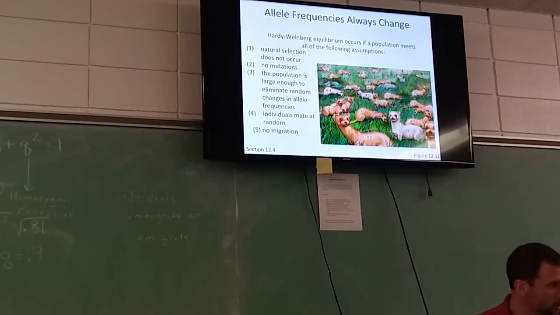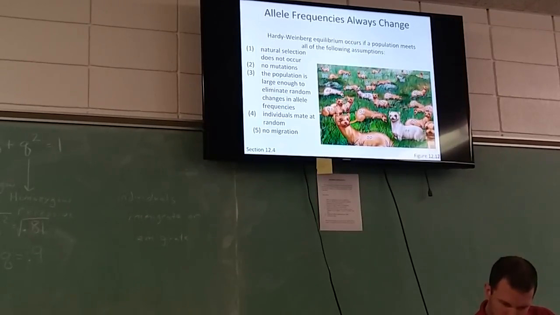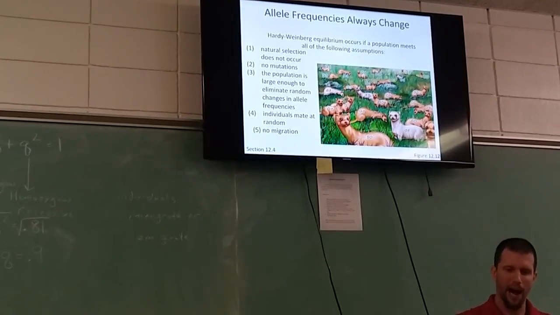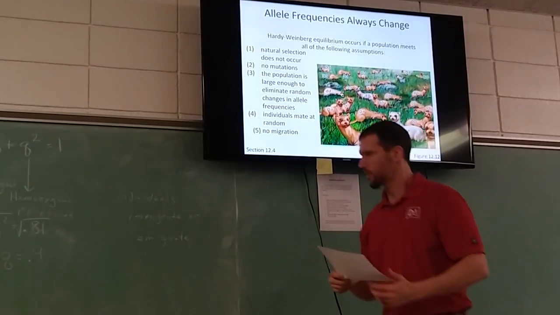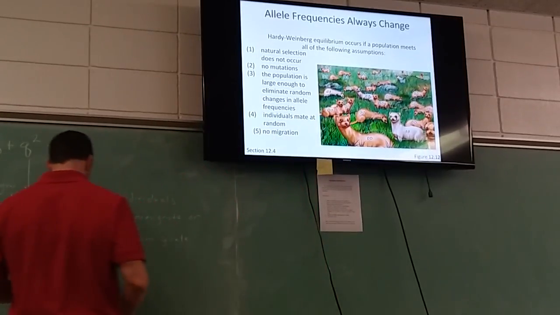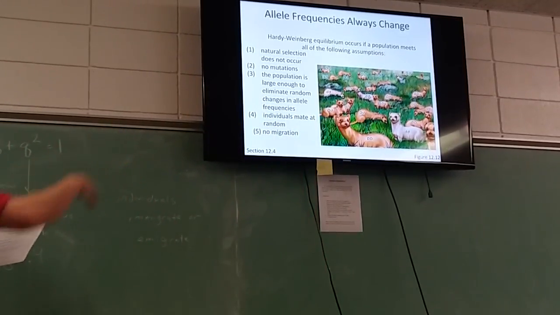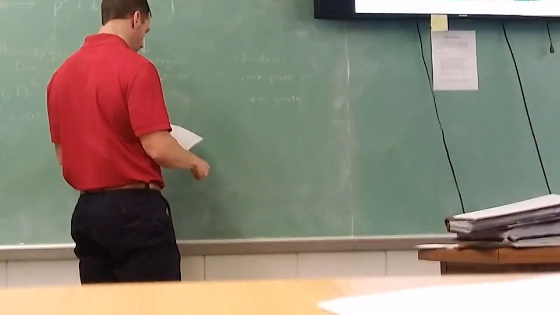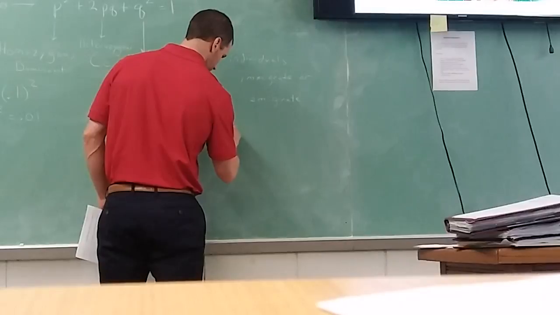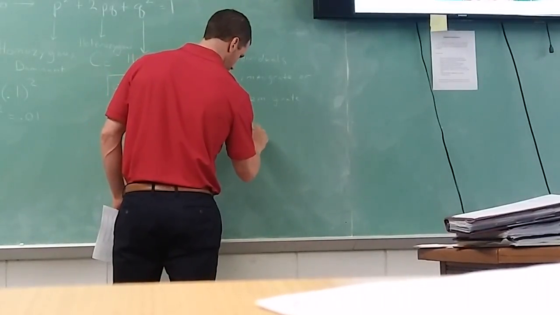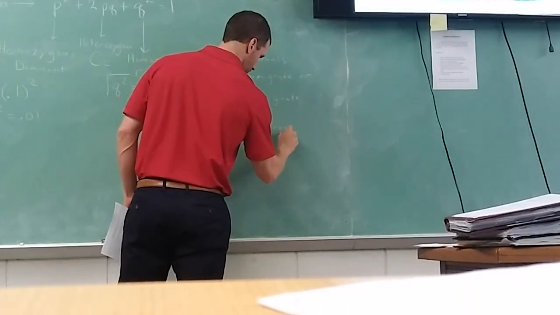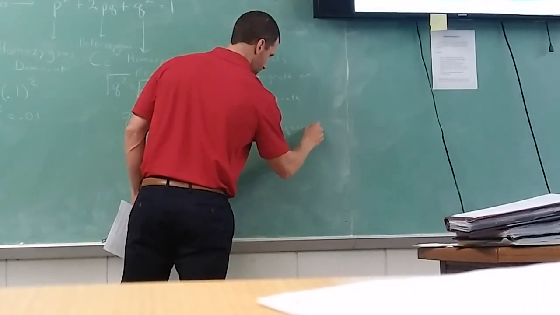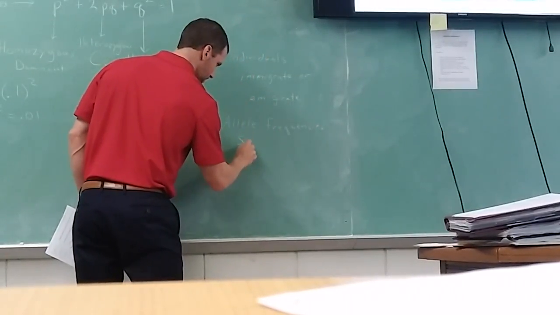Also, on slide 30, which is this one, for Hardy-Weinberg equilibrium to take effect, you can't have any change. Evolution is change. So what we're saying is that all allele frequencies stay the same.